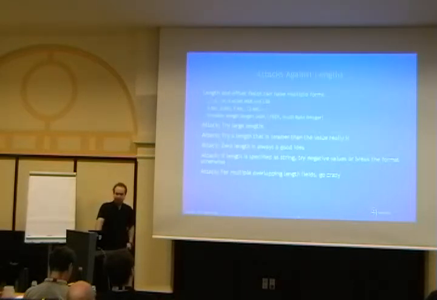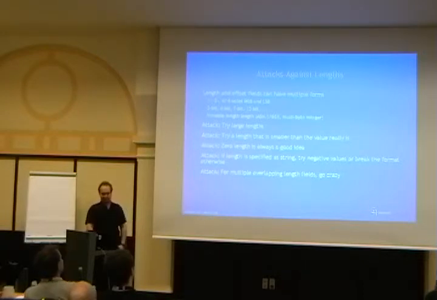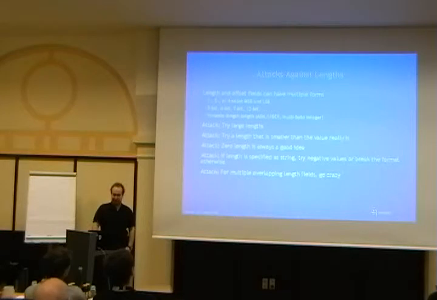So these length and offset fields, they come in multiple forms. You might have different types of endiannesses or lengths of the length fields themselves. You might have variable length, which is an insane idea. ASN.1 being the canonical example of these kinds of weird things.